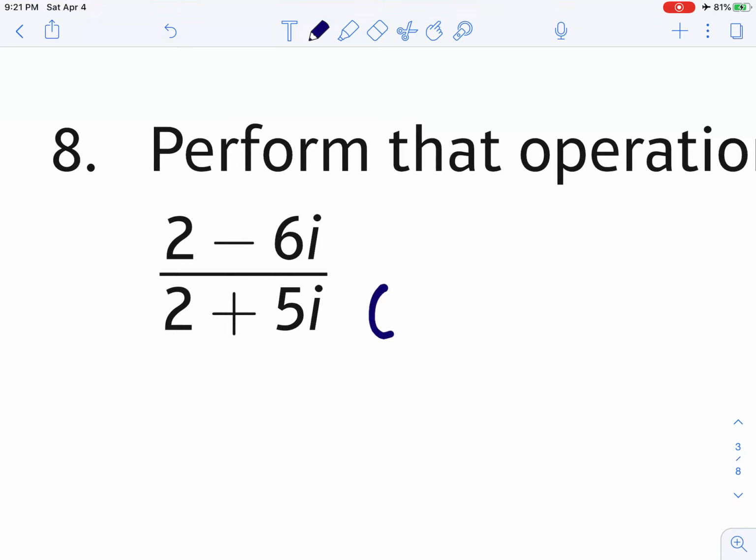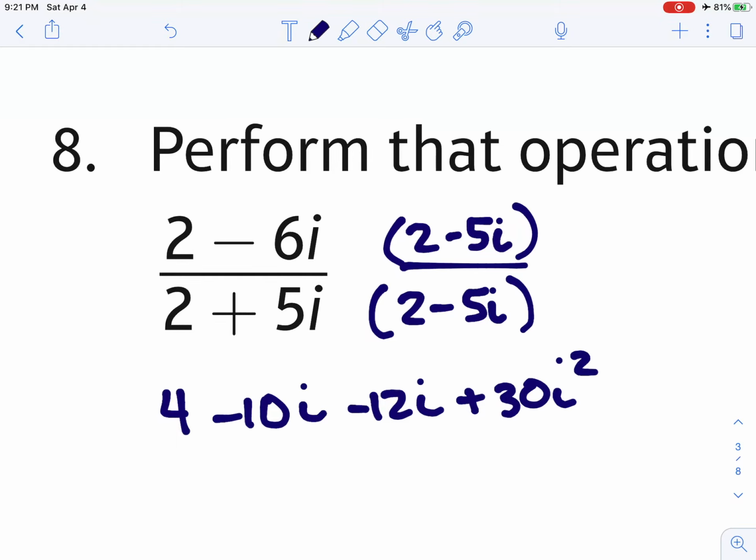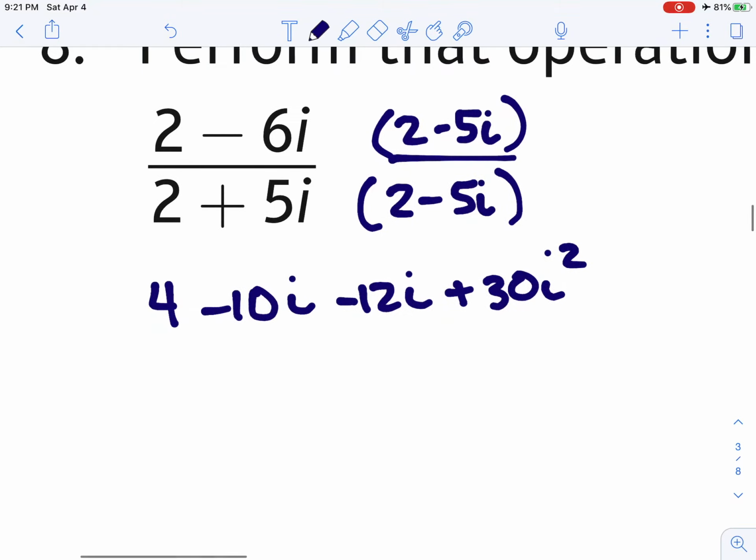I'm going to multiply numerator and denominator, because isn't this the same thing as multiplying by 1? So if I multiply the numerator, I'm going to get 4 minus 10i minus 12i plus 30i squared.